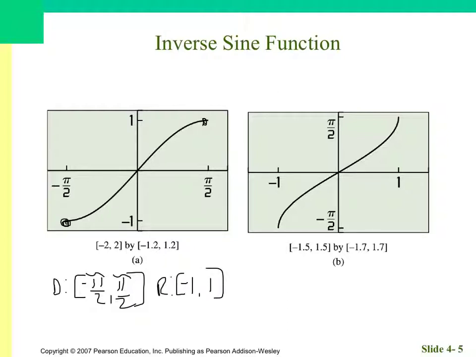Well, the inverse is just flipping it. So it's very confined. The domain is between negative 1 and positive 1, and the range is between negative pi over 2 and pi over 2.